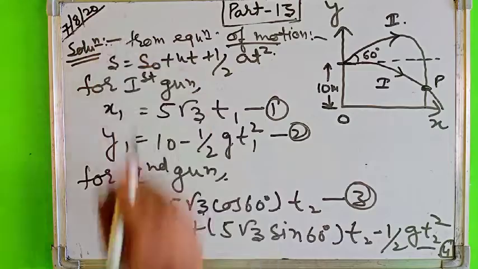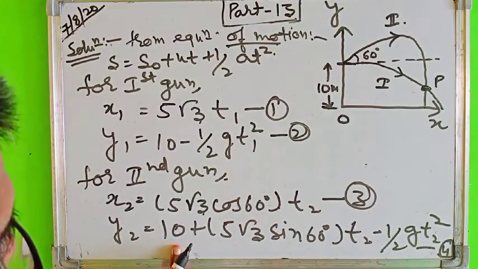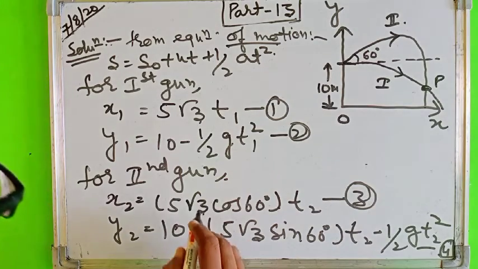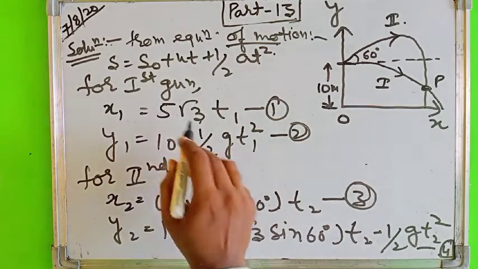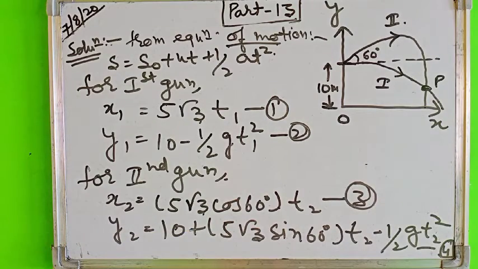Since we are talking about the y-axis component, s is equal to 10 plus ut, so 10 plus 5 root 3 sine 60 degree into T2 minus half g T2 square.